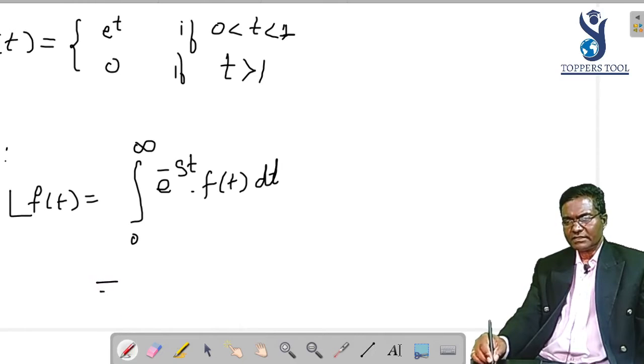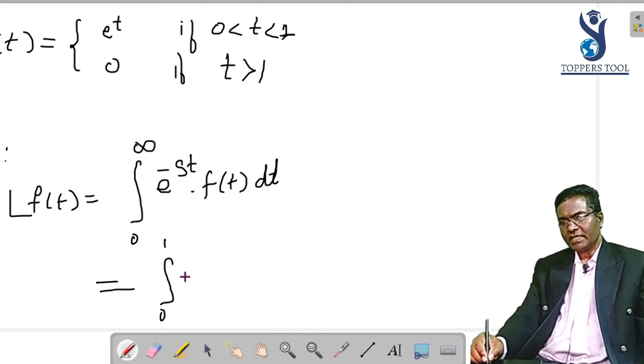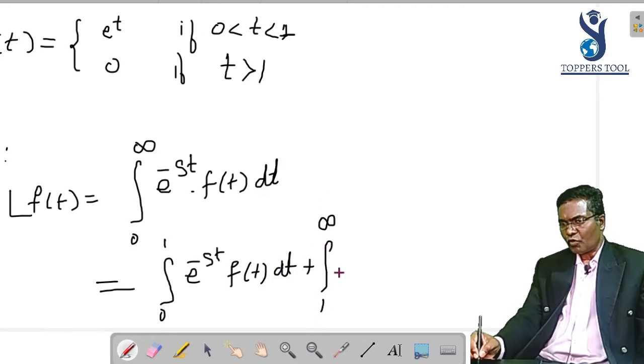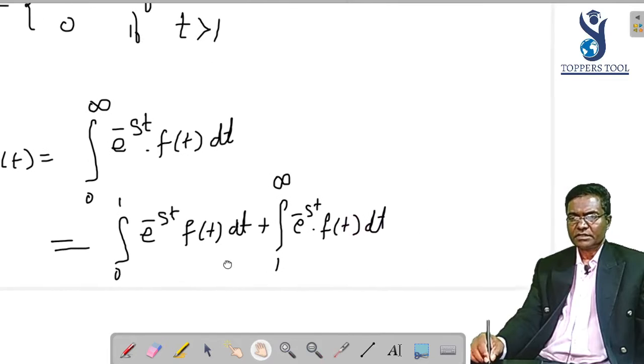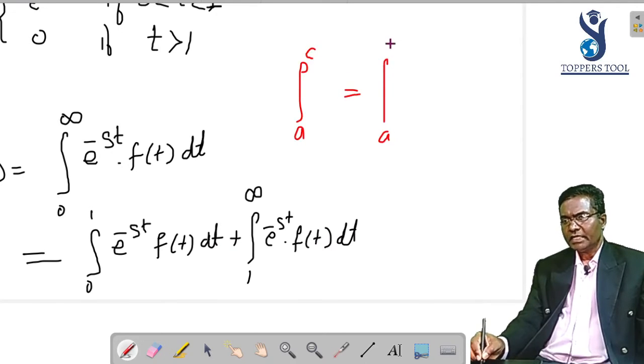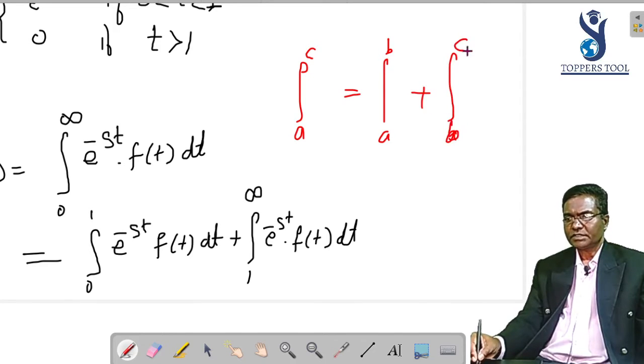I can write this as 0 to 1 as one integral, and the next part is 1 to infinity, as you all have studied in PUC, how a definite integral can be split. For your understanding, I can write that the integration from a to c can be written as a to b plus b to c.